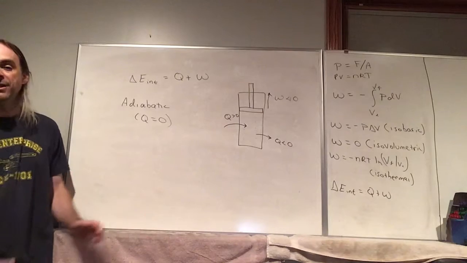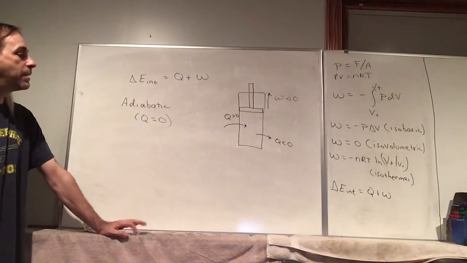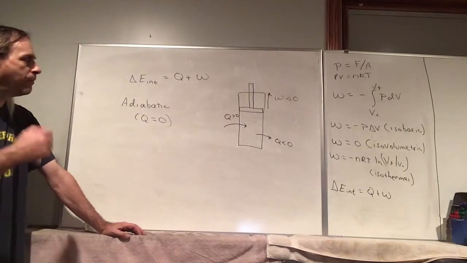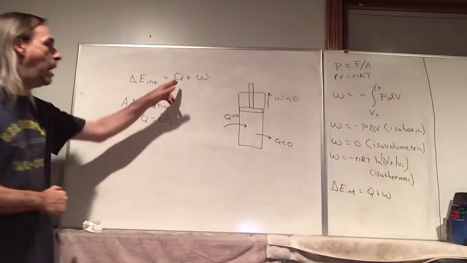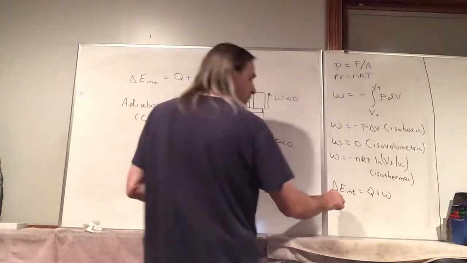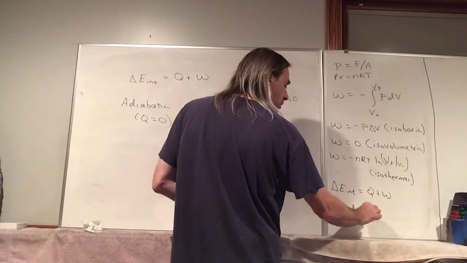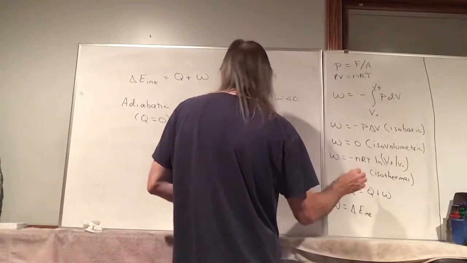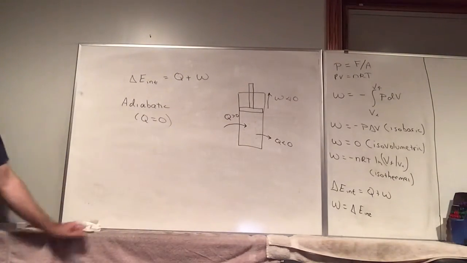Or maybe it's extremely well insulated. But an adiabatic process is very important as well. And we can see right now, for an adiabatic process, this one's a little different than before: work would just be equal to the change in internal energy.